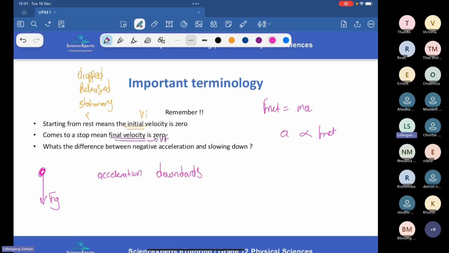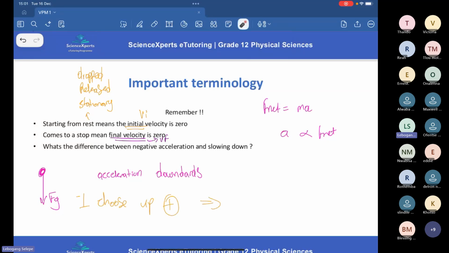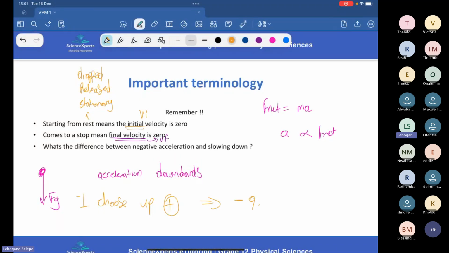Whether acceleration is going to be positive or negative solely depends on the direction that you personally choose as positive. If I choose up as positive, because my acceleration is downwards, the acceleration would be negative 9.8 meters per second squared. It means that the acceleration is negative.